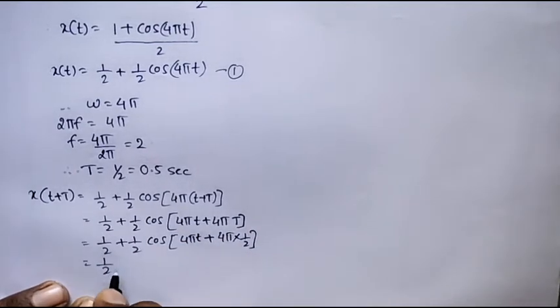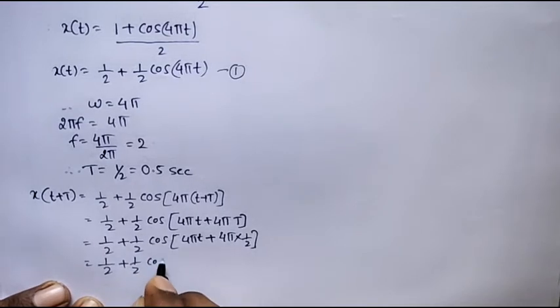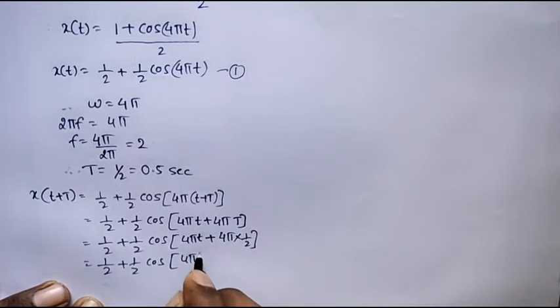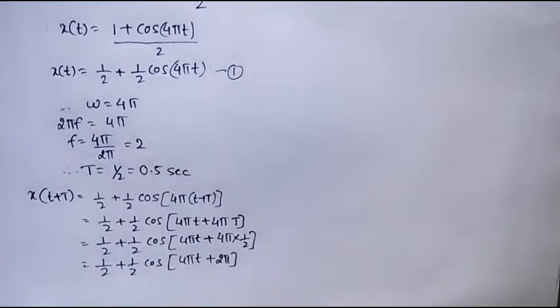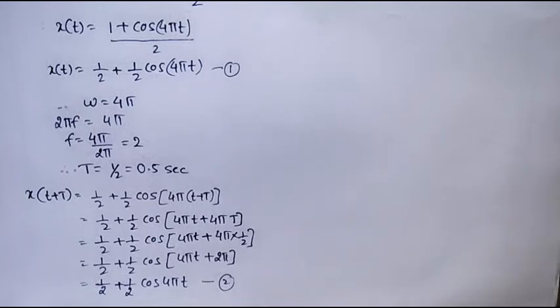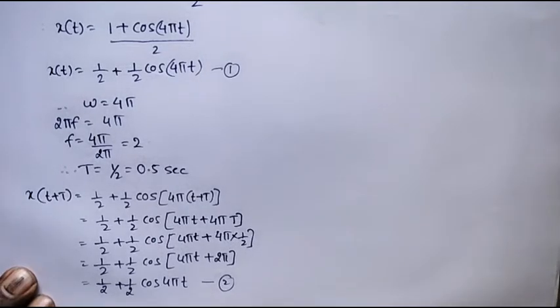Therefore I can write it as 1 by 2 plus 1 by 2 cos 4 pi t plus 2 pi. So here cos 4 pi t plus 2 pi is nothing but cos 4 pi t. We can say that the signal is periodic.